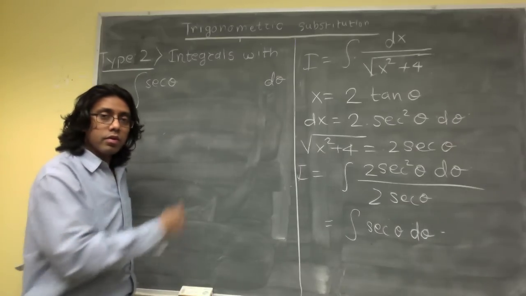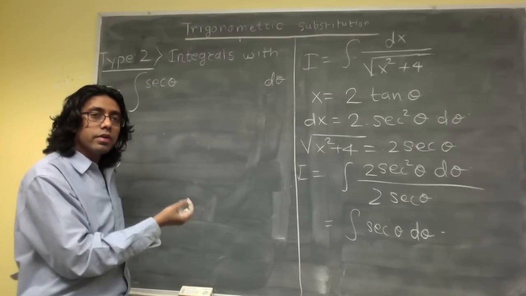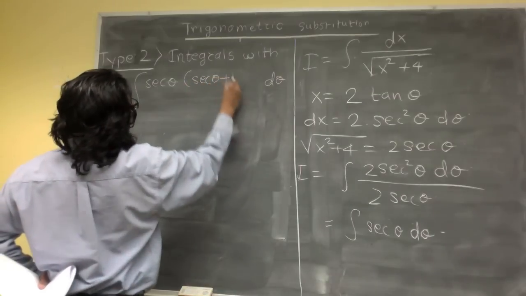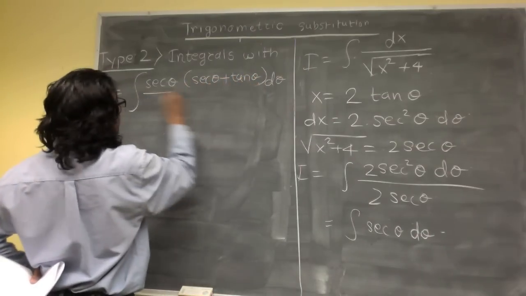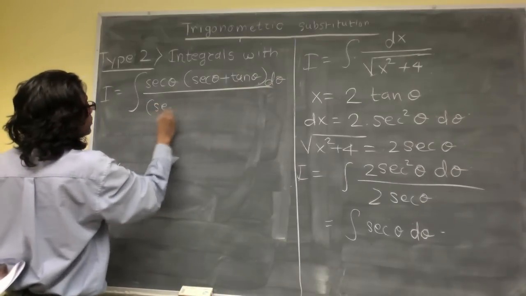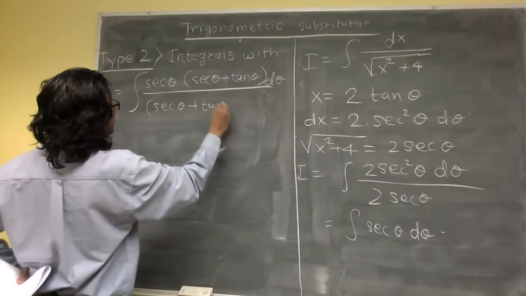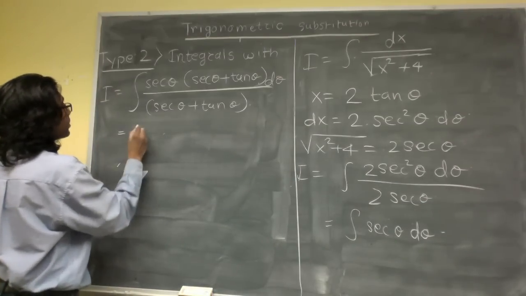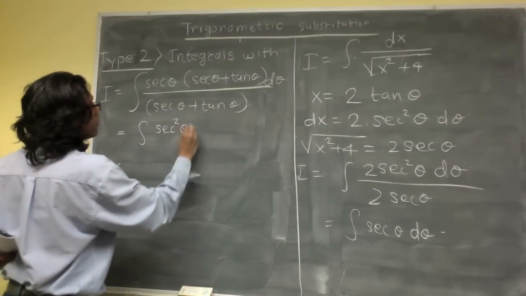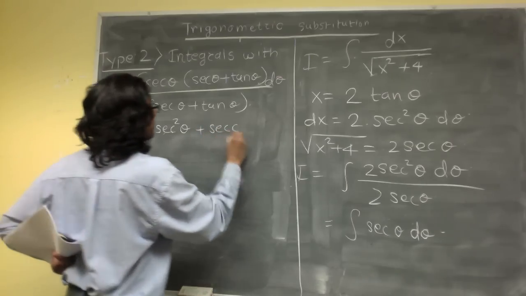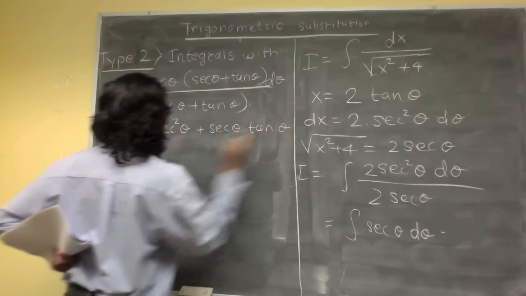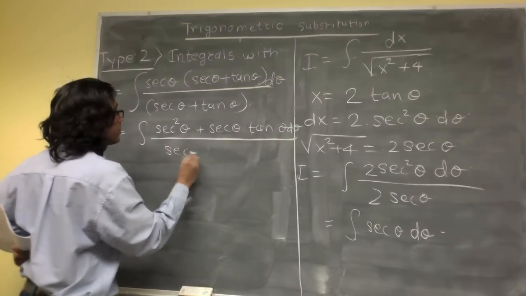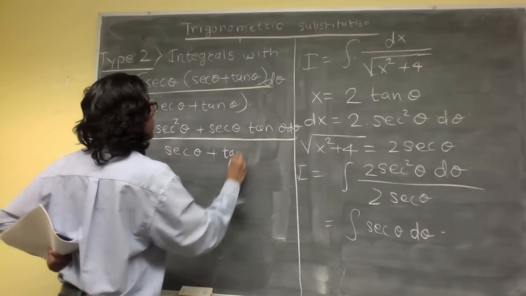We multiply numerator and denominator by secant theta plus tan theta, and then you have something like this: secant square theta plus secant theta tan theta d theta divided by secant theta plus tan of theta.